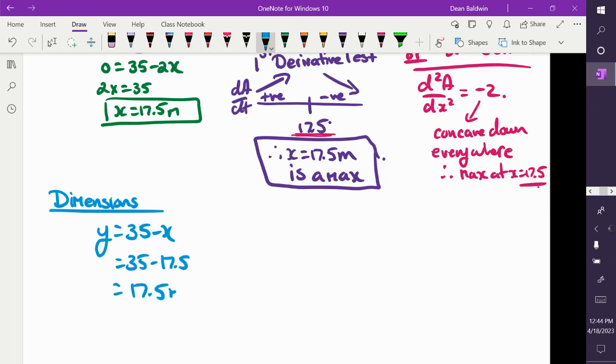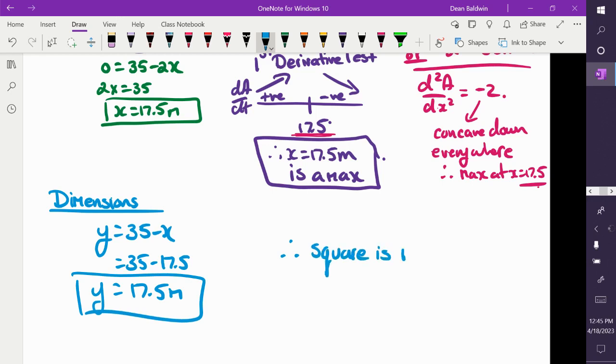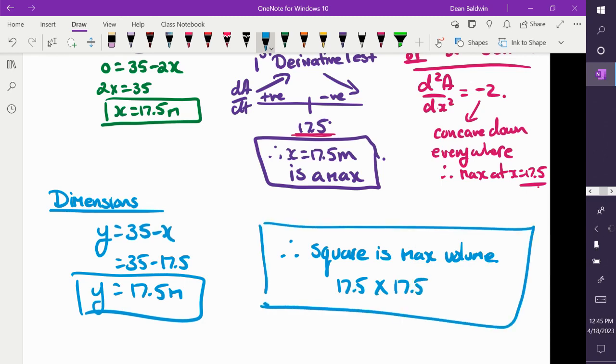And you get 17.5. So what shape is it? It's a square. A square with dimensions of 17.5 by 17.5. Boom.